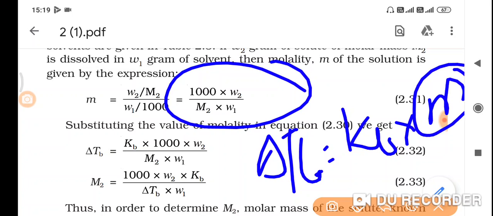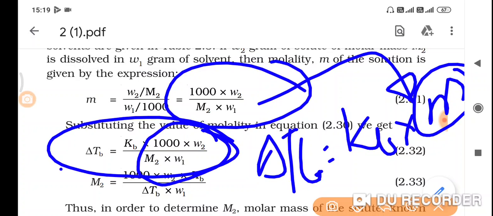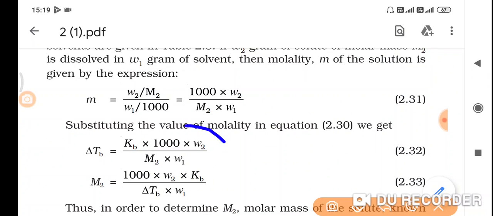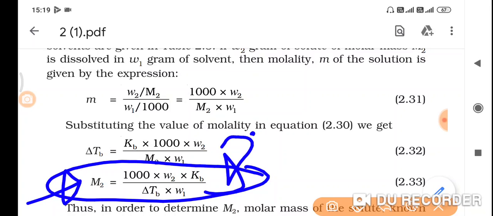We are going to put the value of m here, and the final equation looks like this: delta TB is KB into this part, and this part is your molality. Now we are going to arrange the whole formula in terms of molar mass of solute. Suppose you have dissolved any solute of weight in gram, and the question asks what is the molar mass of that solute. So you have to calculate M2. This is just the rearrangement of the formula, right?